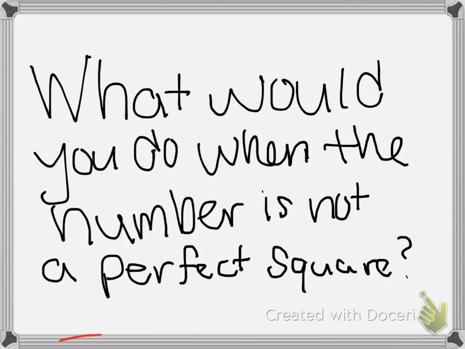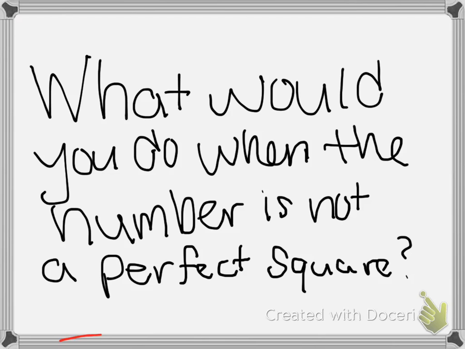Take the square root of 48 equals the square root of 2 times 24. Then taking the square root of 2 times 24, you get 2 times 12 times 2. Taking the square root of 2 times 12 times 2, you get the square root of 2 times 6 times 2 times 2.